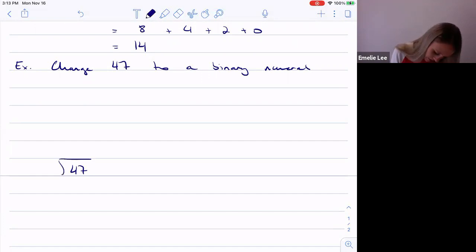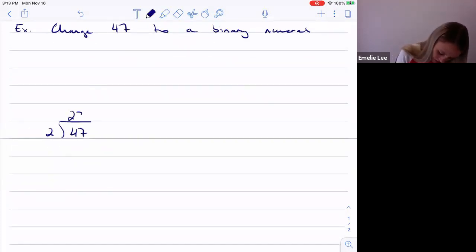So 47 divided by 2, and here's where I always do a poor job stacking these, 47 divided by 2 is 23.5, so of course 23 goes here, and 23 times 2 is 46, so I have a remainder of 1.